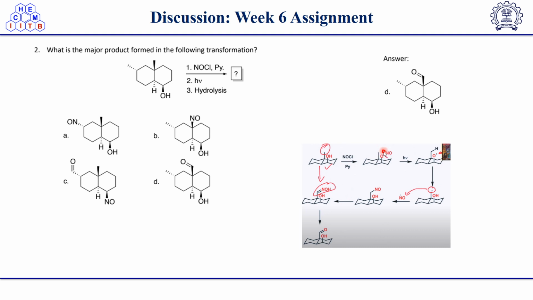From here the H radical will be abstracted by this oxygen. So here OH will come and this carbon radical will combine with this NO radical to give this corresponding compound. Then under hydrolysis condition it will be converted into hydroxylamine, and then this elimination will give this corresponding aldehyde. So the correct answer will be this aldehyde, option D.